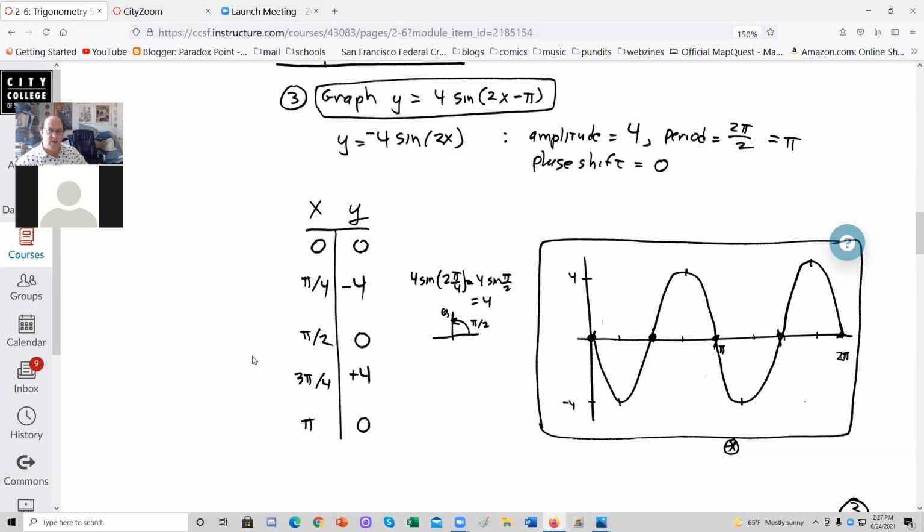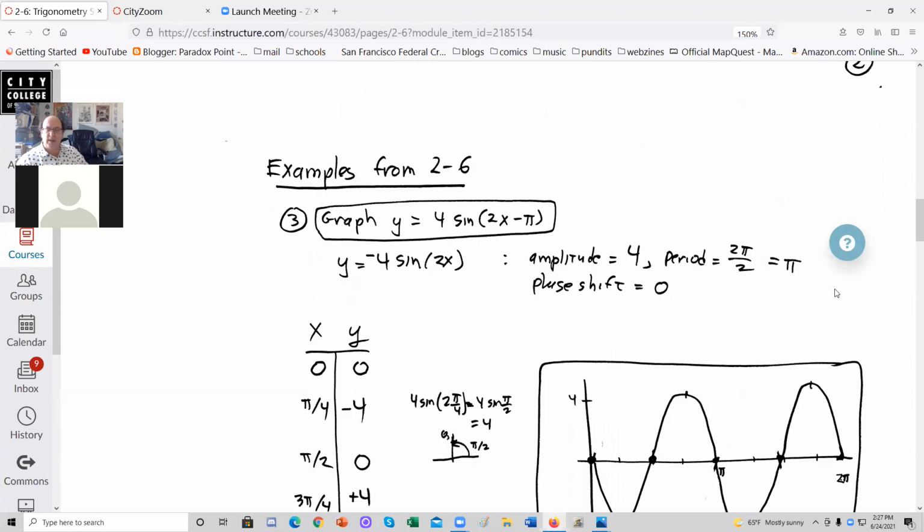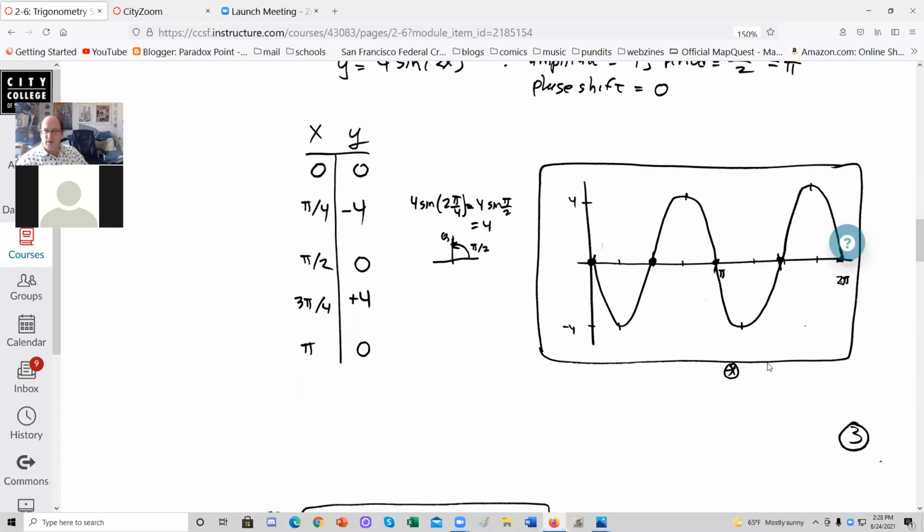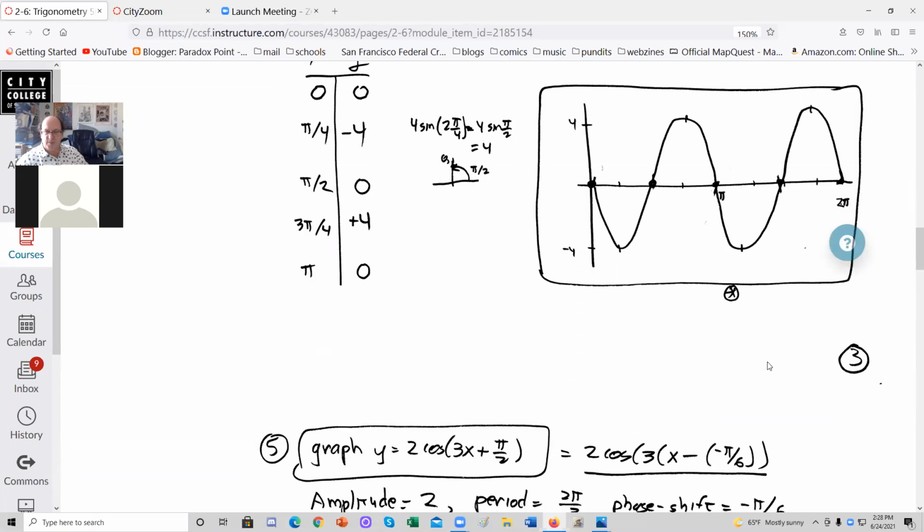And a half period later, at 3 pi over 4, it's plus 4. So this goes from 0, 0, positive 4. If you have a sine and it's a negative in front, it starts by going down. So down, then up, and down, up, and down. For all these, they're asking to graph 2 waves, 2 cycles of the wave. That's what they asked in the book.